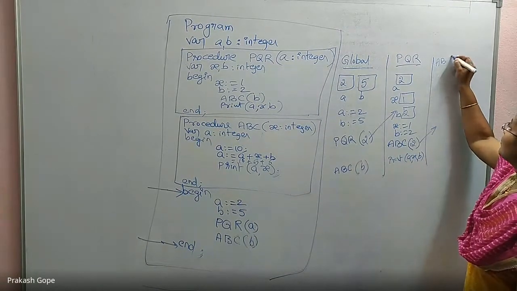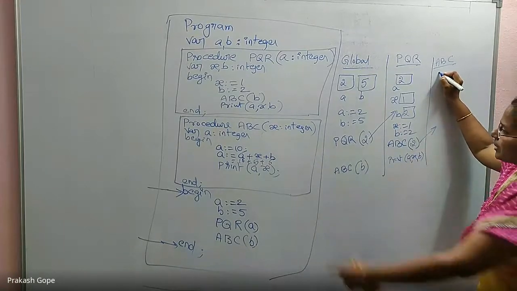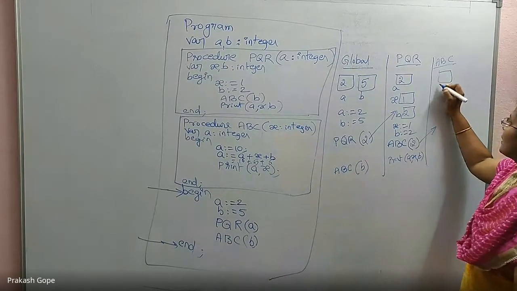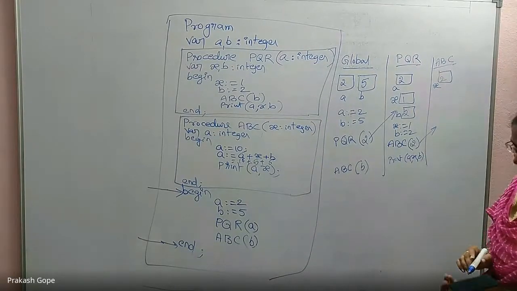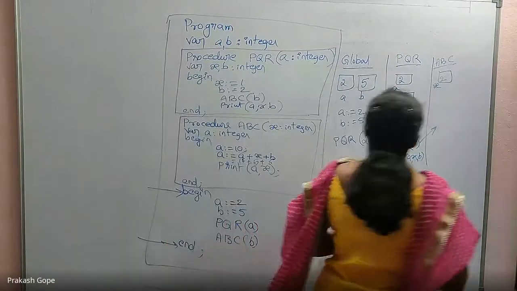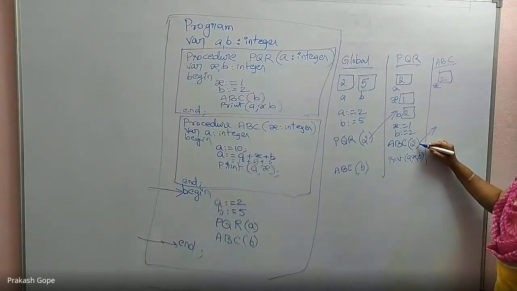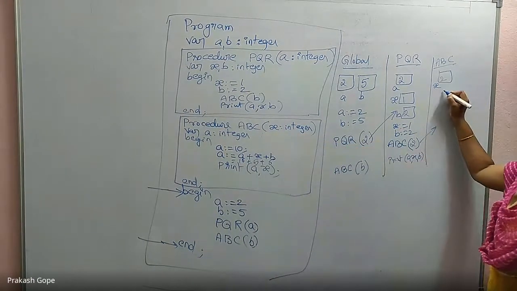This is the ABC environment. I am coming with 2, so there is a formal parameter in ABC, which is X, a locally declared variable: this 2. Then in ABC there is a locally declared variable A also.